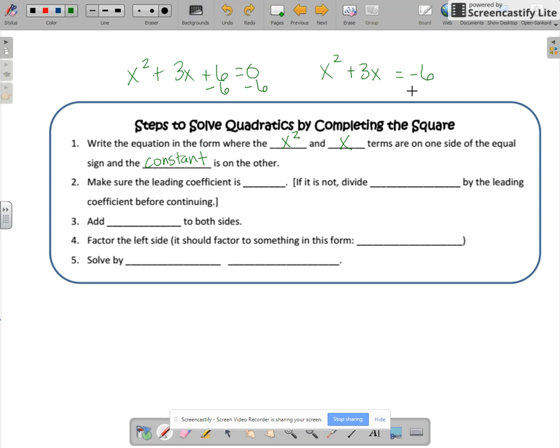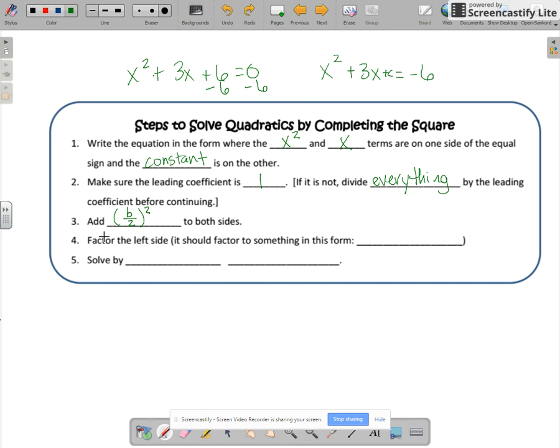We want to make sure that the leading coefficient is 1. If it is not, we divide everything by the leading coefficient before continuing. Then we find our new c value. Going back to the front, remember that c was equal to b divided by 2 quantity squared.